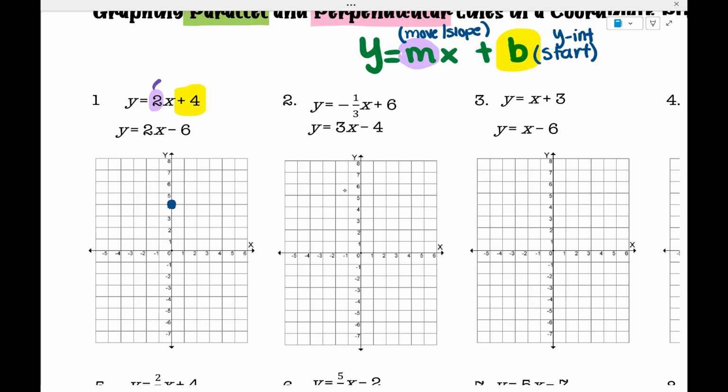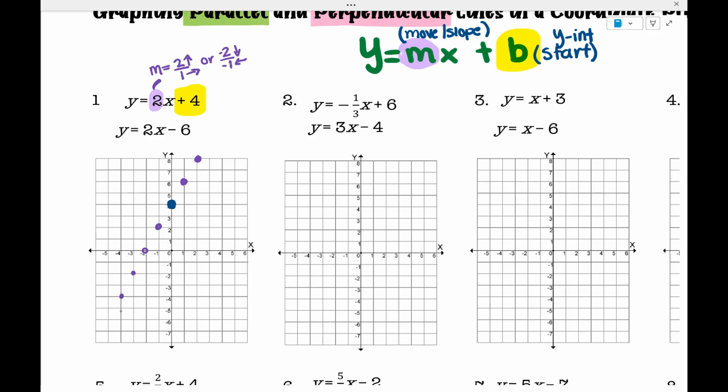In order for us to move, we're going to move up or down, and right or left. Since our slope is 2, we put it over 1, and we move twice up and 1 to the right. Or we can do the opposite: we can go down twice and to the left once to continue getting more points on the other side of our starting point.